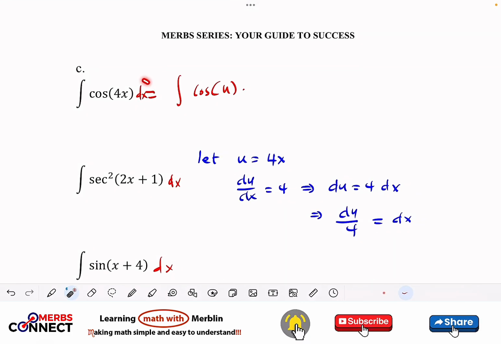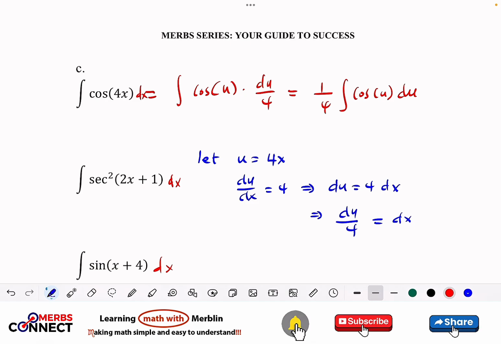So now what is dx? dx is du over 4. So this is going to give us 1 over 4 cos u du, right? So now we've changed everything to u, so we can now integrate. So 1 over 4, when I integrate cos, I get sine. So this one is going to give me sine u plus c.